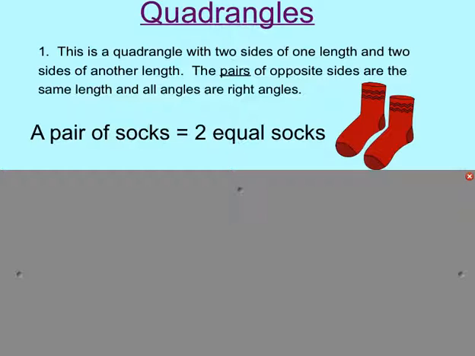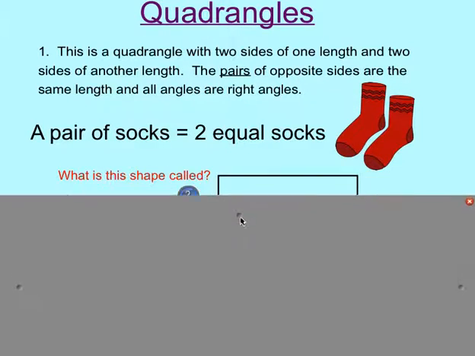We can also have a quadrangle that has two sides of one length and two sides of a totally different length. The pairs of opposite sides are the same length, and the angles are all right angles. Now if you get confused when I talk about pairs, think about a pair of socks. We know that a pair of socks has two equal socks. So when we talk about a pair of opposite sides, that's going to mean two sides.